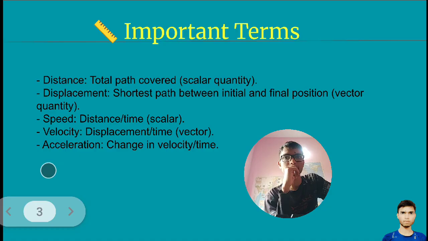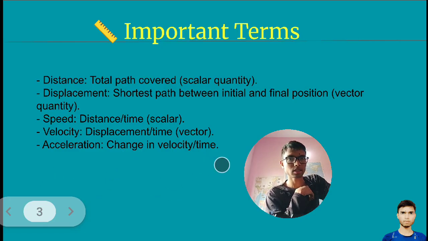For example, a vehicle is here, and it started moving, and it stopped here. So from here to here is the shortest distance. It is also distance, but it will also be considered as displacement. Now the vehicle is here, and it is going like this, like this, like this.